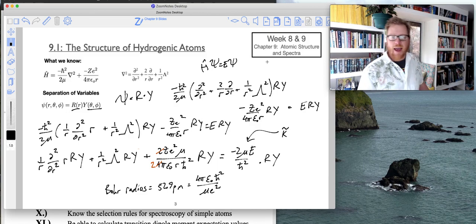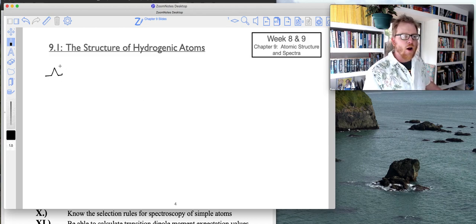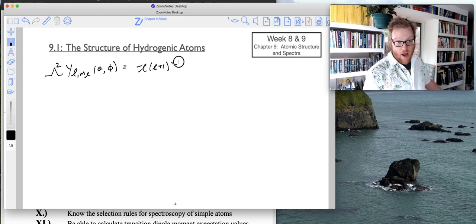Okay, and let's see here. I think I left myself a whole blank page. I did. Great. So continuing along. I'll remind you from our spherical harmonics that the Legendrian squared times the Y_L^ML of theta phi, all of that equals negative L times L plus 1 times Y_L^ML theta phi.